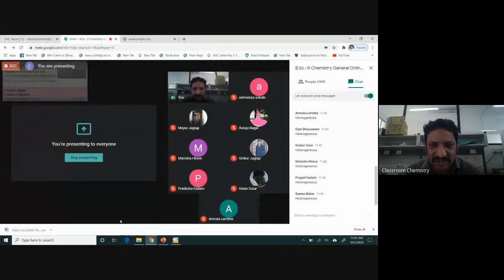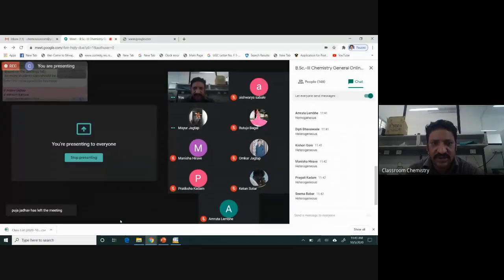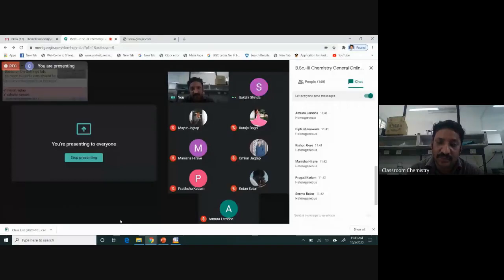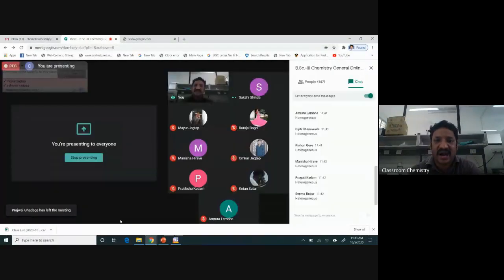Yes, Mayur Jagtap. Heterogeneous catalysis. Okay. So all of you understand it. Your catalyst and reactant are in different state. If it is in different state, then it is called a heterogeneous catalyst.